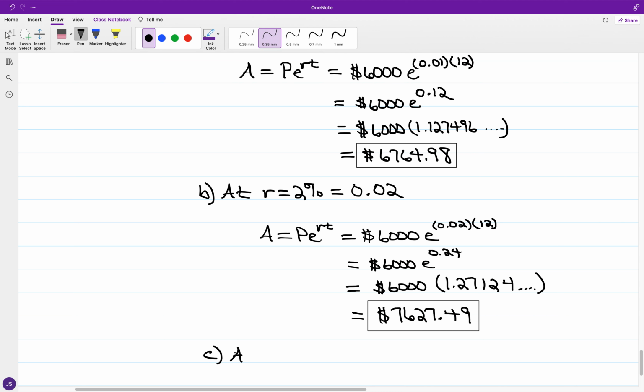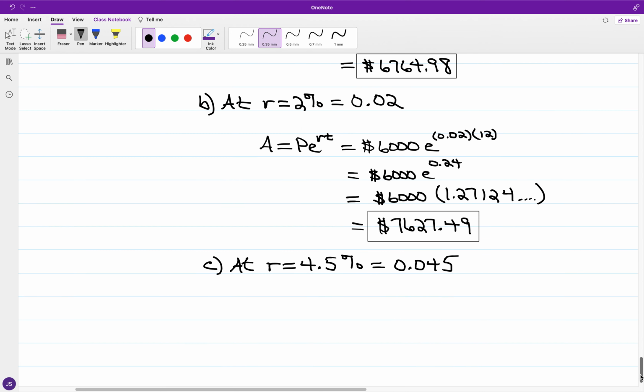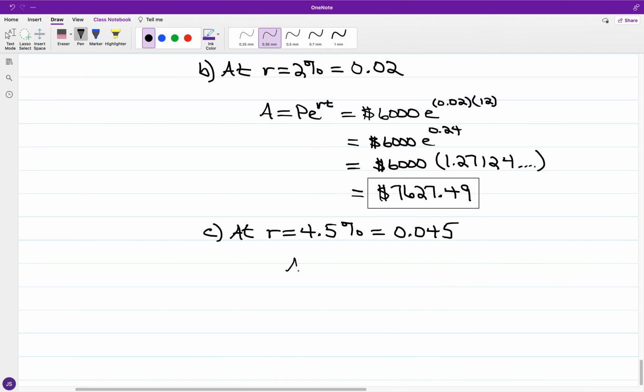Okay, so when I went from A to B, I doubled the percentage rate. And let's say we do a little bit more as we go from part B to part C. So we got all the way out to 4.5%, which as a decimal is 0.045.